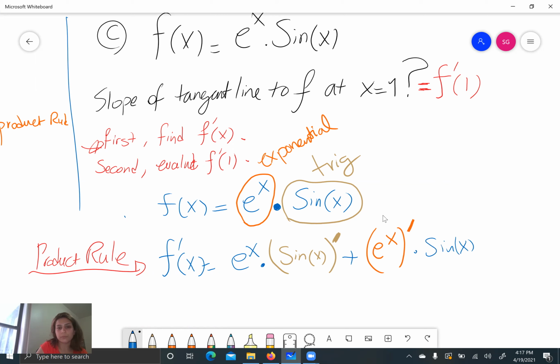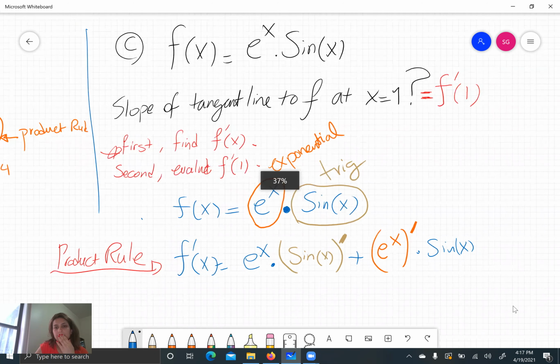Okay, so first times the derivative of the second plus derivative of first times the second function.